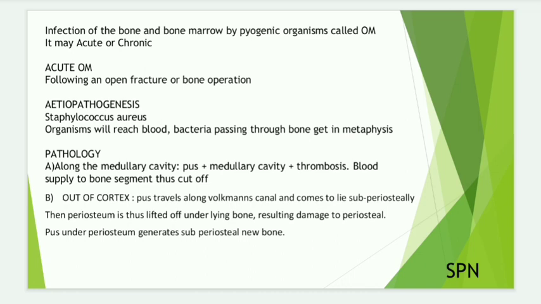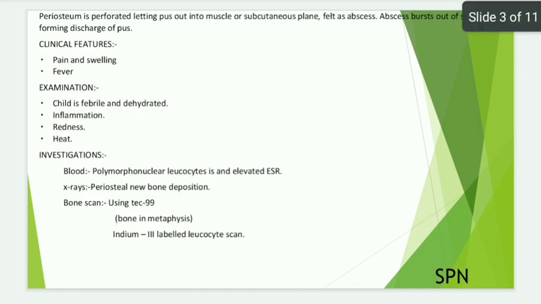So the pus under the periosteum generates subperiosteal new bone. The periosteum is perforated, letting pus out into the muscle or subcutaneous plane, where an abscess is felt, and the abscess bursts out of the skin, so you can see the pus discharging from the skin.